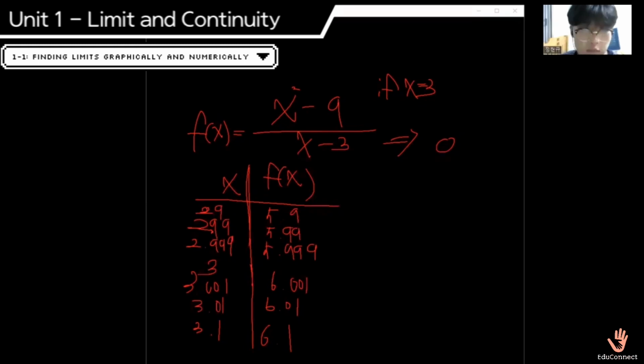Now let's look at this graph. When you graph the function, the graph is a straight line, and that has a gap when x is equal to 3.